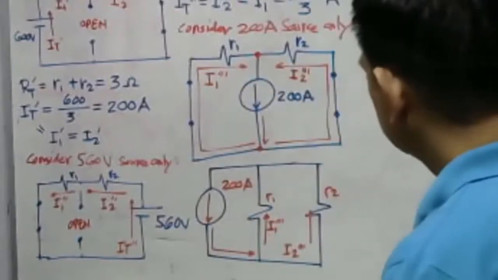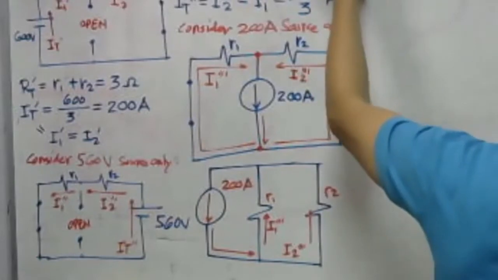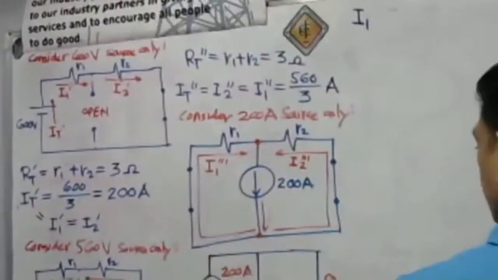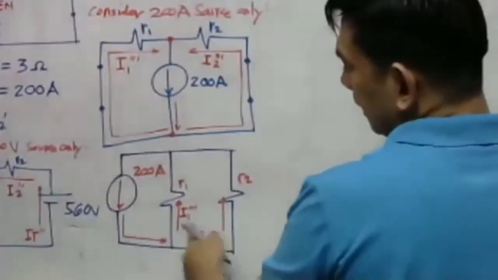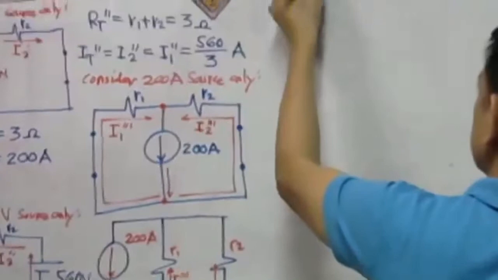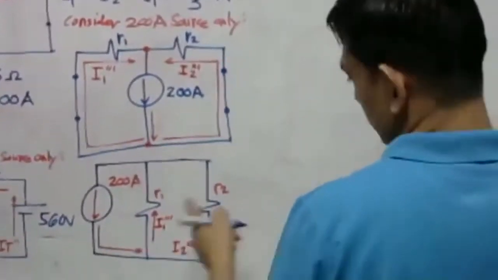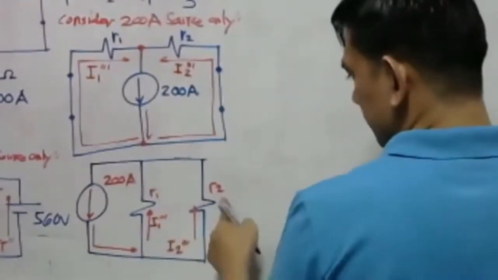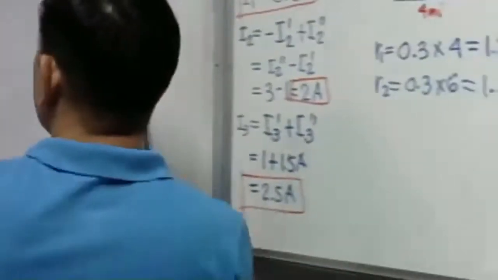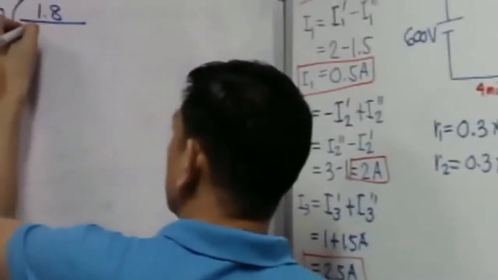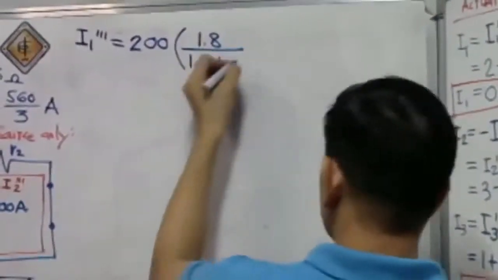So, what do we have here now? I1 triple prime is equal to the resultant current, which is 200 amperes, multiplied by the opposite resistance, which is our R sub 2. By the way, our R sub 2 is 1.8. Over 1.8, you may copy that, plus the other, which is 1.2.